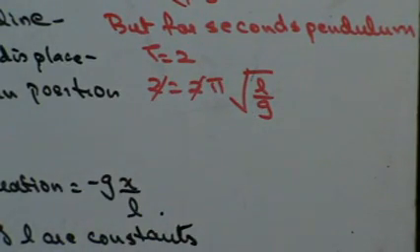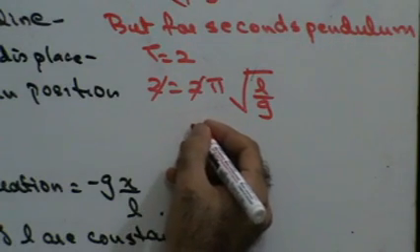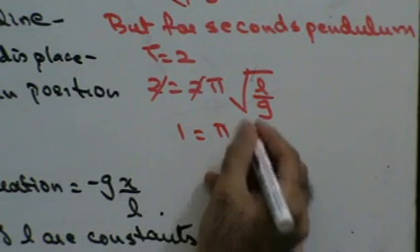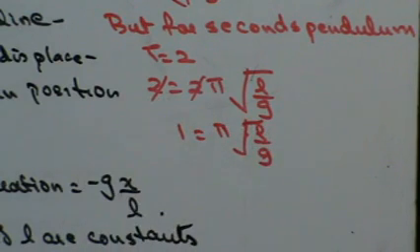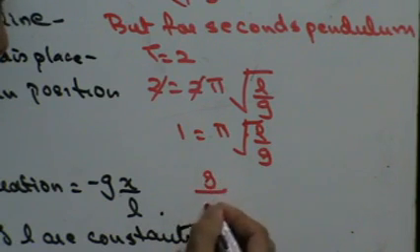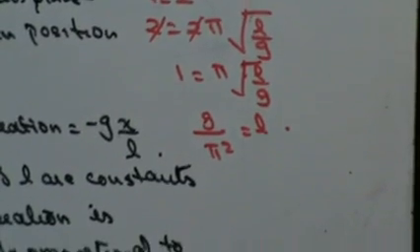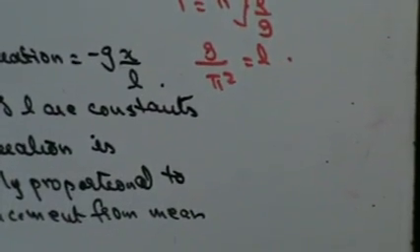That means in that case I will get 1 is equal to pi root of L by g. Squaring both the sides, I will get g upon pi square is equal to L.